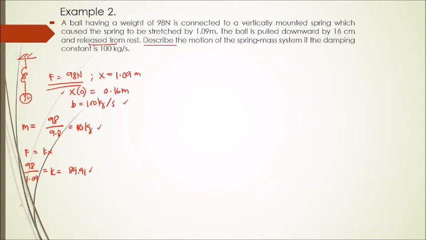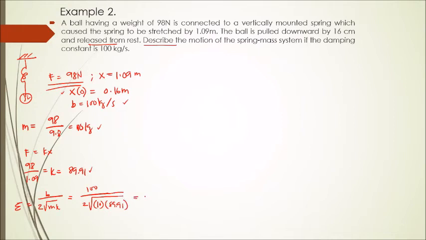So una, look at the damping ratio with the equation equal to B over 2 square root of mk, which is equal to 100 over 2 times square root of 10 times 89.91.